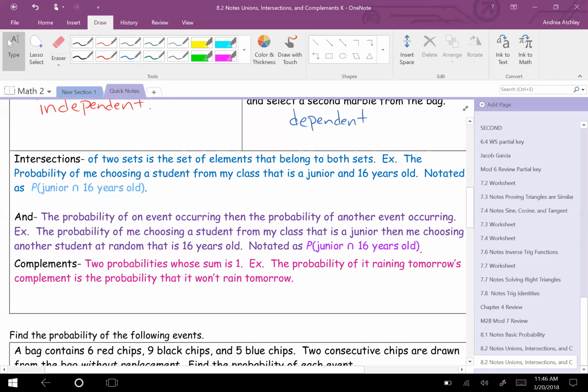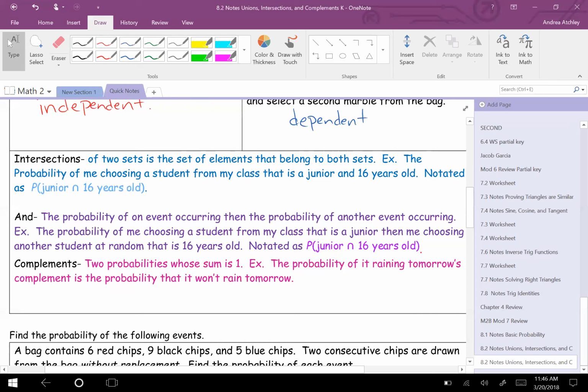Okay. So in our notes from right before lunch, when we were talking about taking math and science, what was the intersection of those two? The people who are taking both math and science. Okay. So that's this. The intersection is elements that belong to both sets.